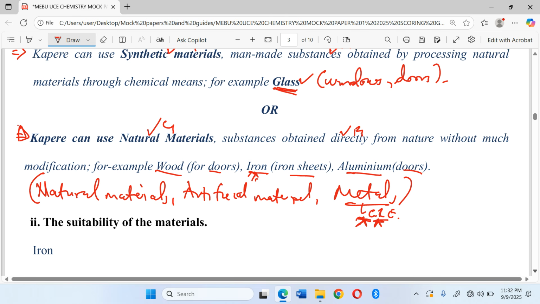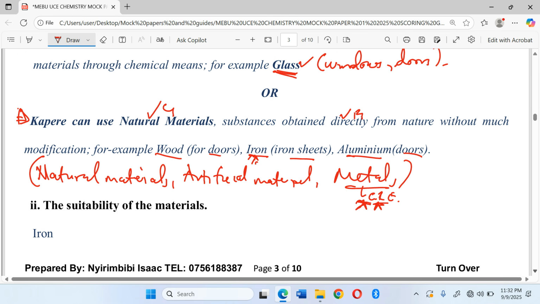Let's look at part 2. Part 2 was requiring us to talk about the suitability of the materials. Now, when we talk about suitability of materials, here we are looking at the properties. So when we talk about properties, we are looking at properties that make that material good to perform its work.